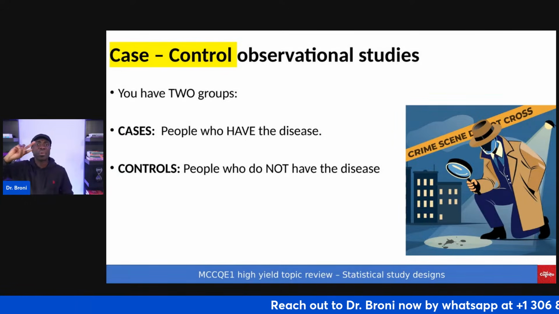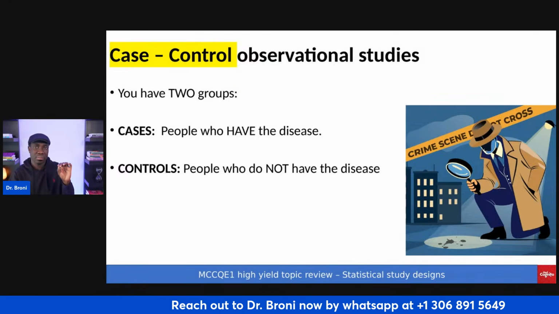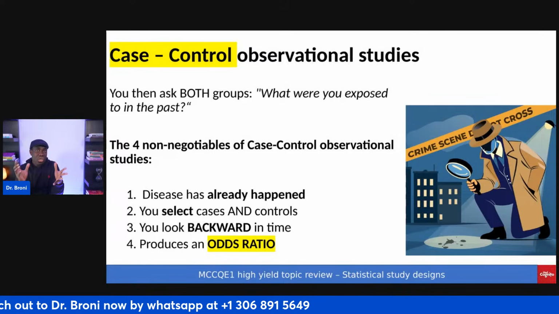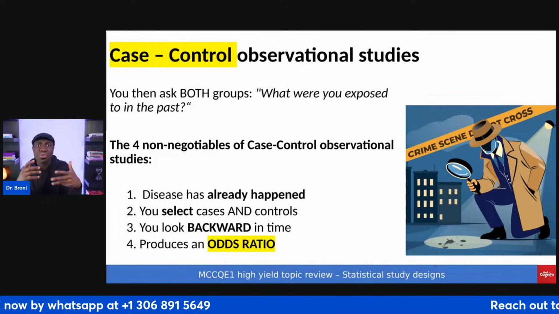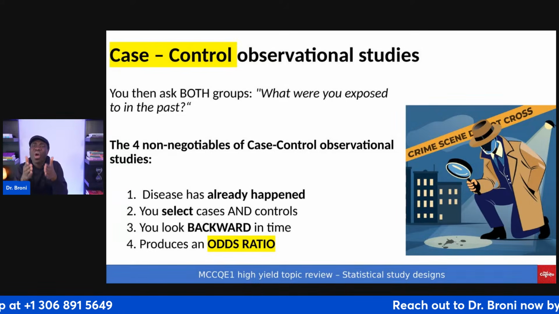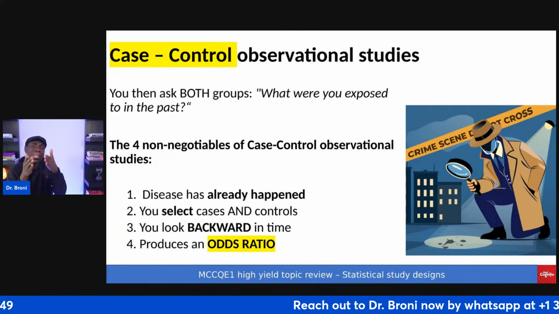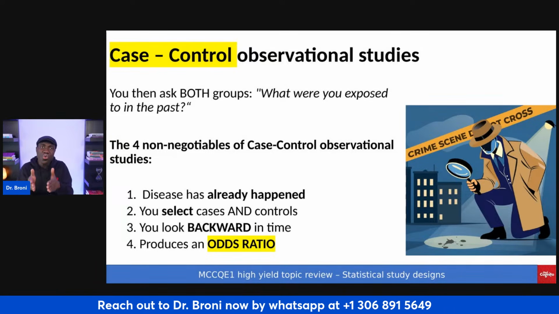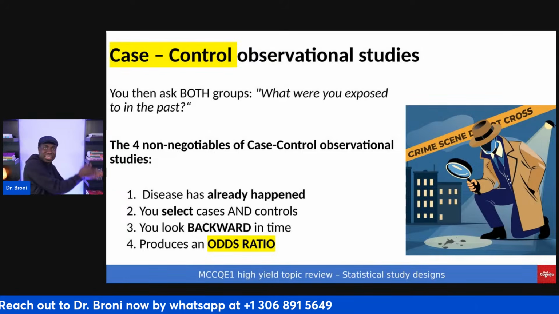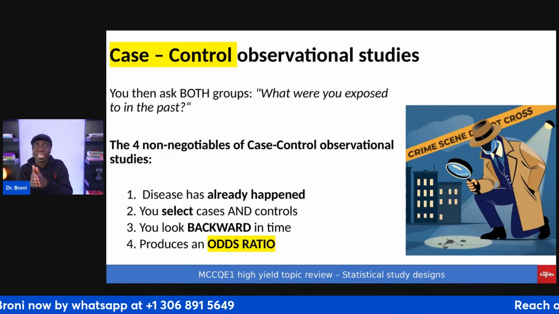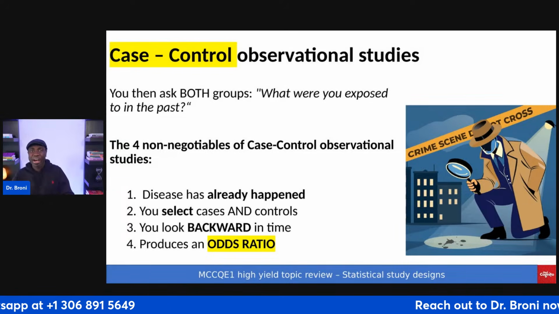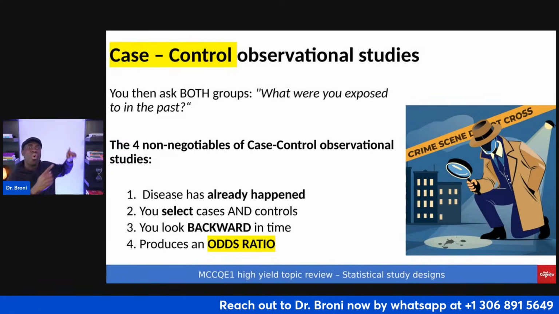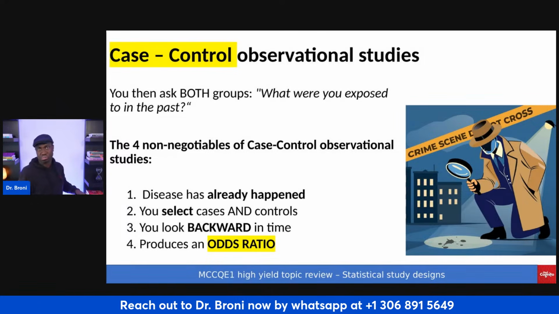The controls are the people who don't have the disease. Then you ask both groups, what were you exposed to in the past? I have 2 groups. I'm going to ask them, in the past, what were you exposed to?